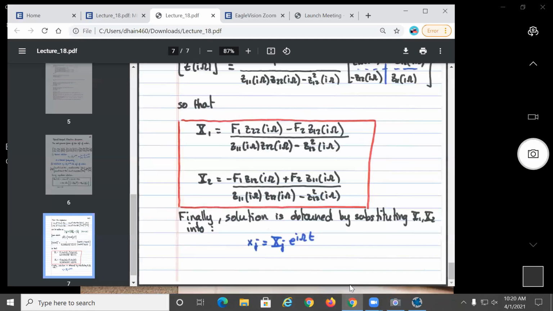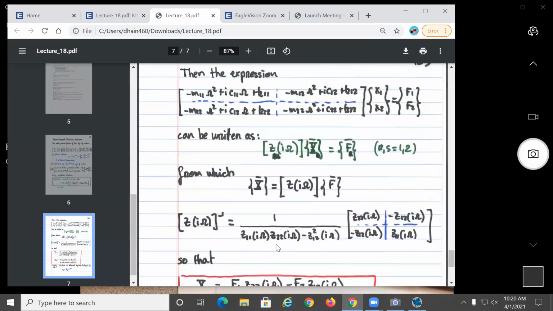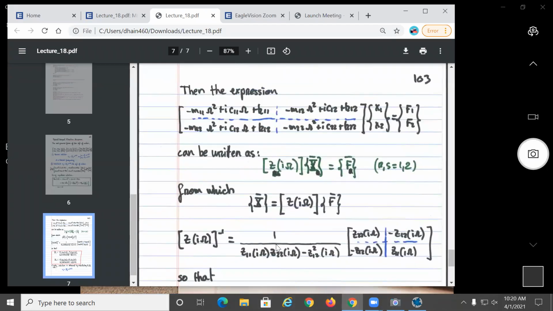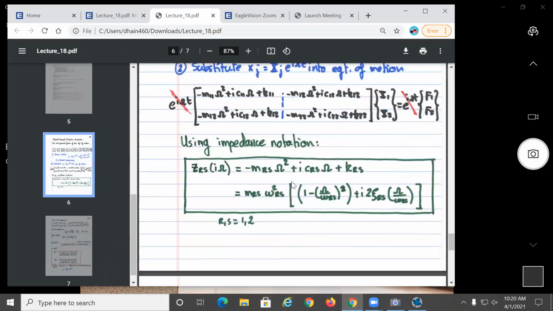Yeah, I remember what it is. In our case it would be minus m_rs capital omega squared, there is no damping, plus k_rs.